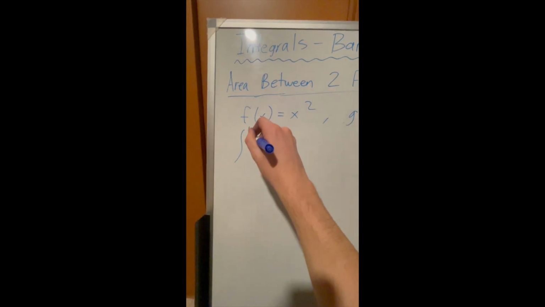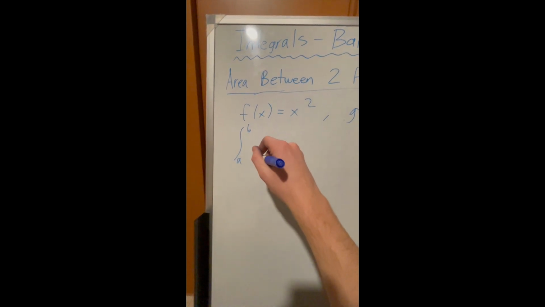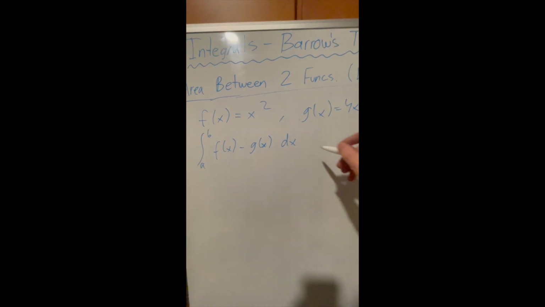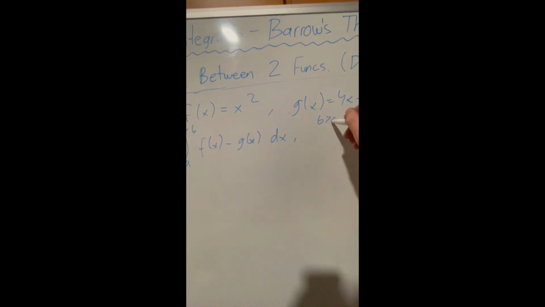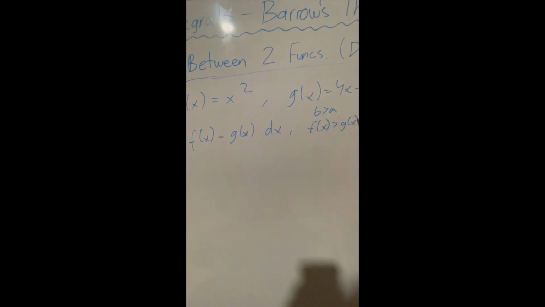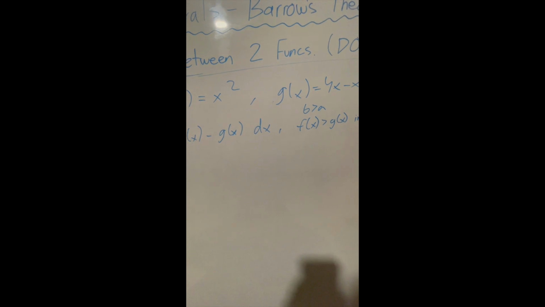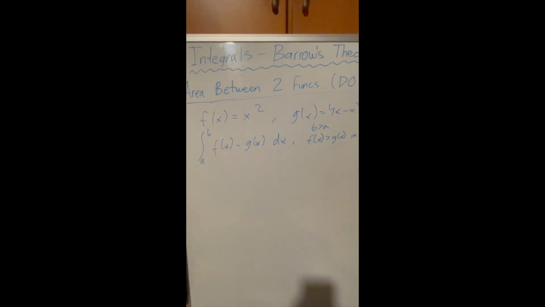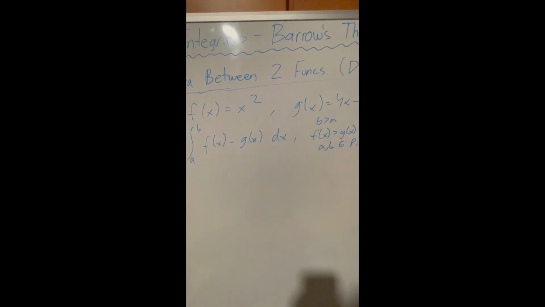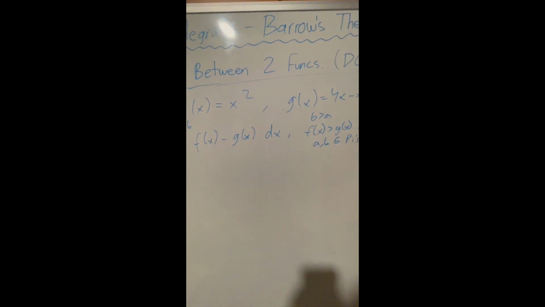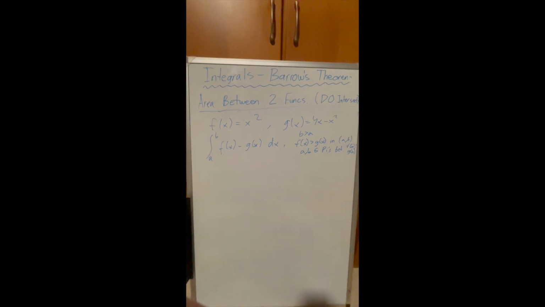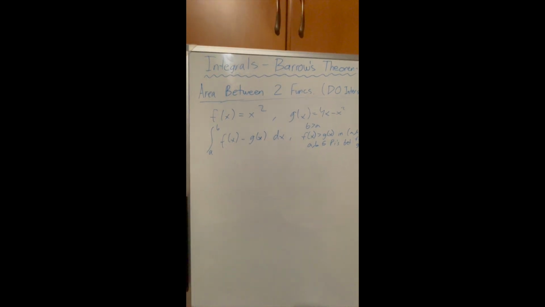Our formula is the integral from a to b of f of x minus g of x dx, where obviously b is greater than a, f of x is greater than g of x in between the points a and b, not including a and b, and that a and b are points of intersection between f of x and g of x, of course. So first, let's find our points of intersection.